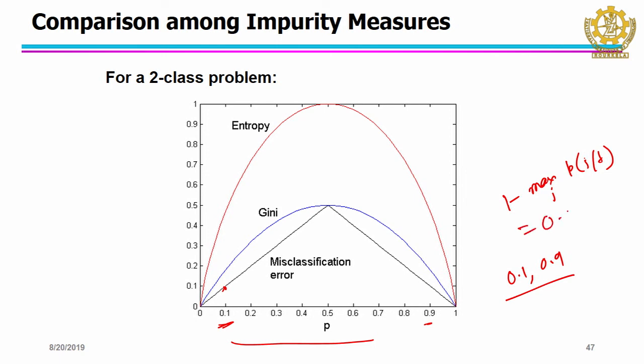So this will give you 0.1, so the error will be 0.1. Similarly, if one probability is 0.9, here again the error will be 0.1.